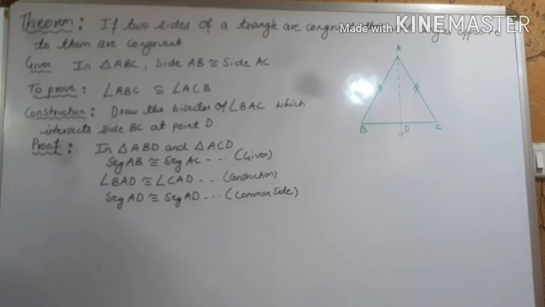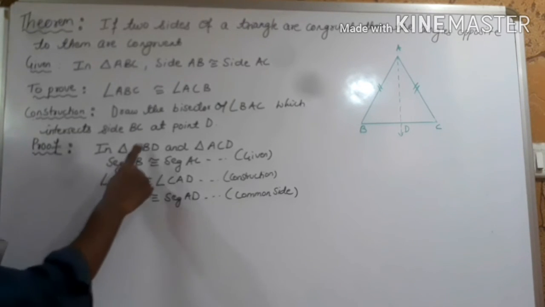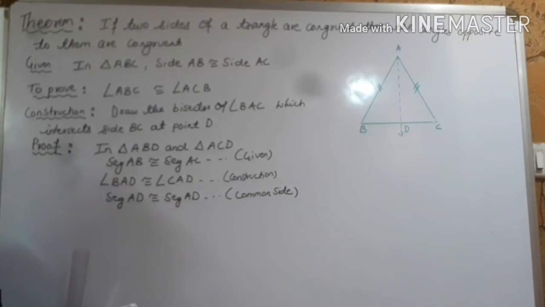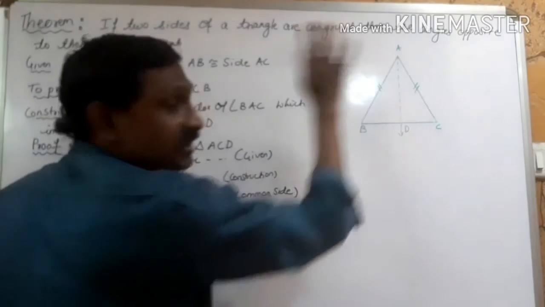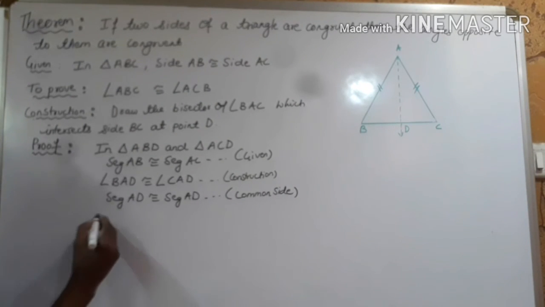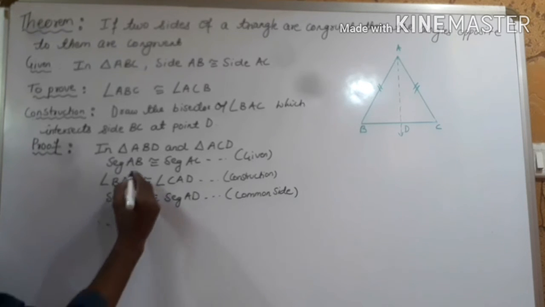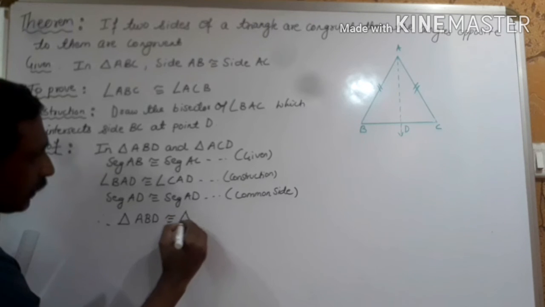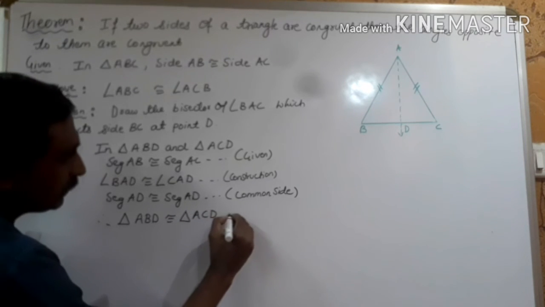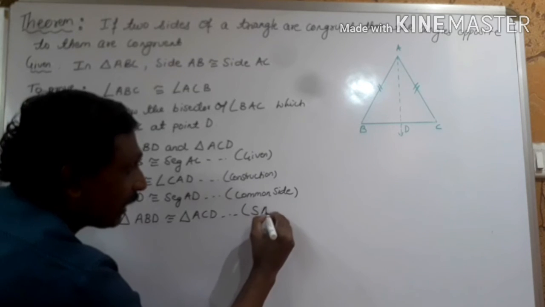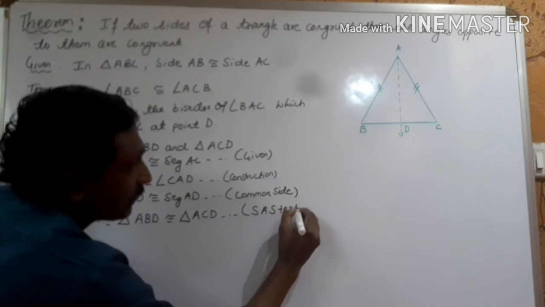Right? Now see, this triangle is congruent to this triangle, correct? By which test? You have got two sides and one angle. That means they are congruent by SAS test. Therefore, triangle ABD congruent to triangle ACD by side angle side test.